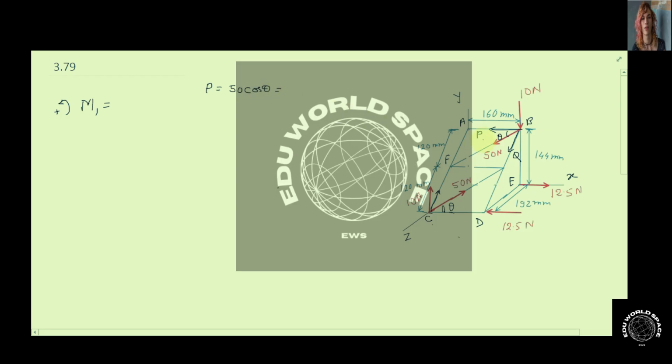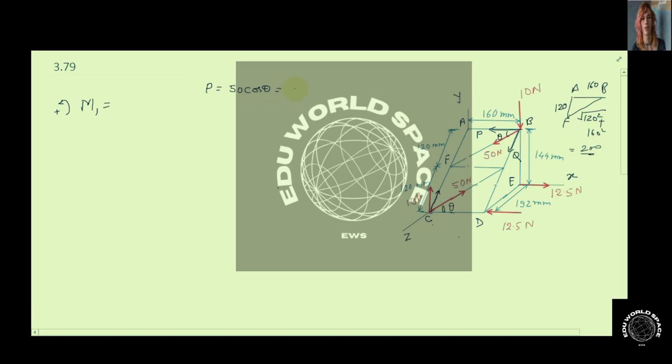and cos theta can be calculated from this triangle. If we observe this triangle, this point is F, this point is A and this point is B. This length is 160, this length is 120. So this length will be the square root of 120 square plus 160 square, which comes out to be 200.